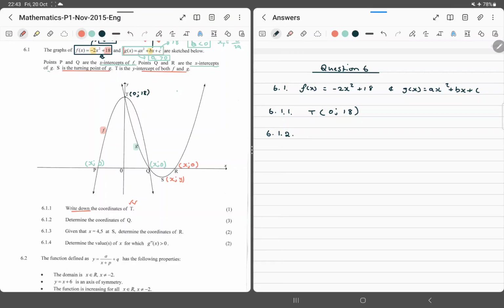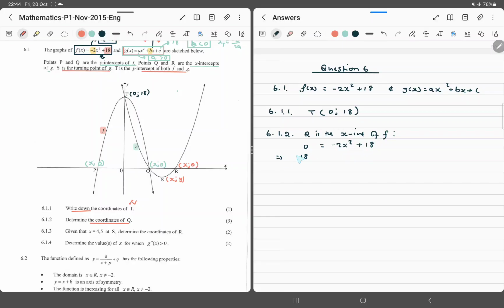6.1.2 says determine the coordinates of Q. Can you see Q is the x-intercept of f, for which we have a full equation. So we know that Q is the x-intercept of function f, such that we substitute 0 there: 0 is minus 2x squared plus 18.